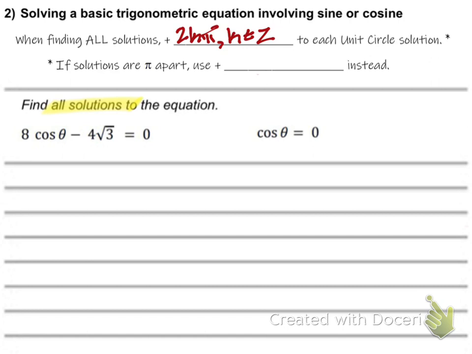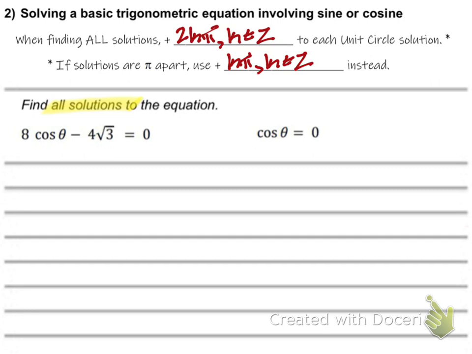Now, the little caveat here is if the solutions are pi apart, instead of doing 2k pi, we just do k pi, where k is in z. And again, there's a button with that on it in Alex, okay? And it'll make a little bit more sense when we get to one that has that situation.